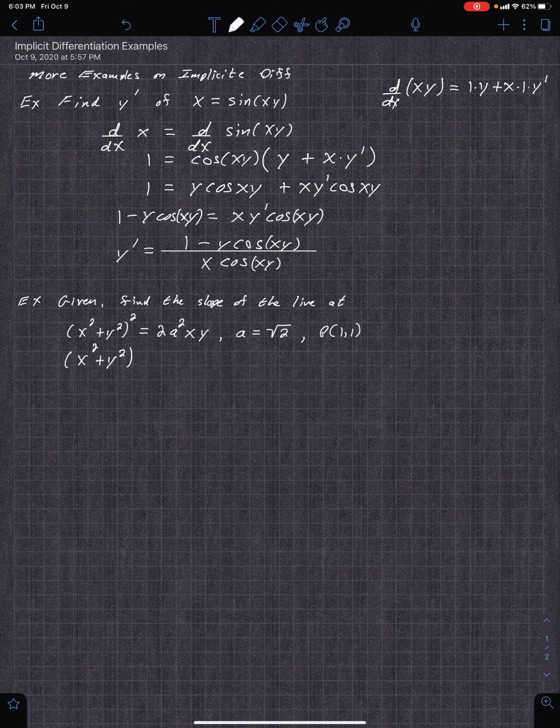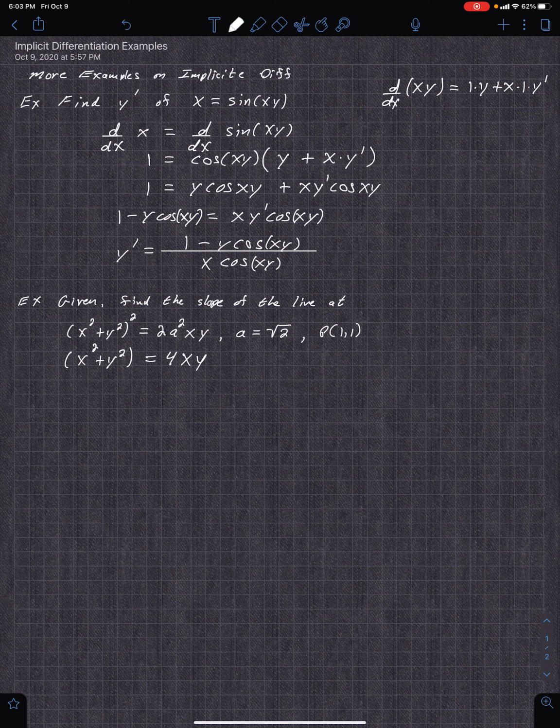That's going to be 2 times the other 2 is 4, so we'll just say that's equal to 4xy, just to simplify it. Of course we're not going to substitute 1, 1 yet, because it'll just zero out everything. So we don't want to do that. You want to go ahead and take the derivative of both sides implicitly, and then we will solve for y prime.